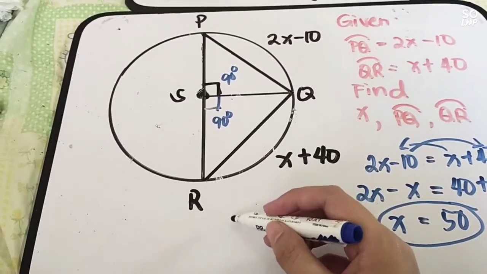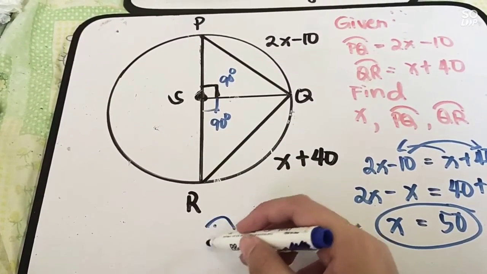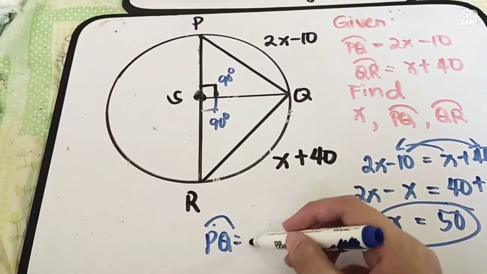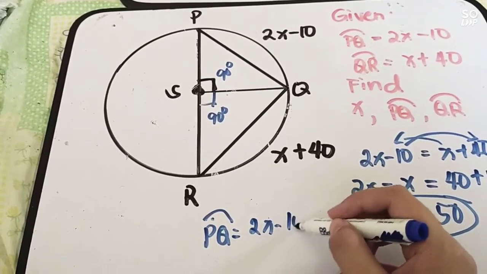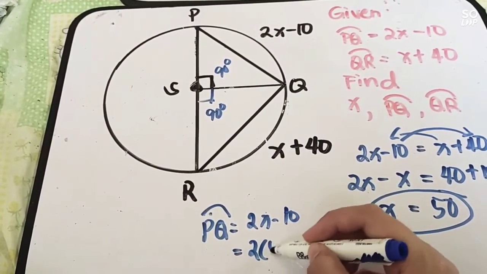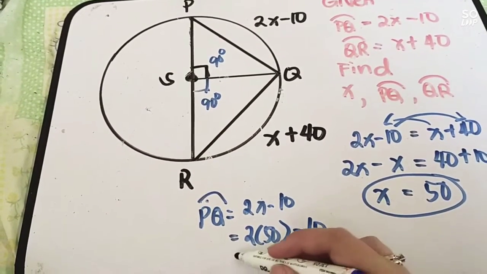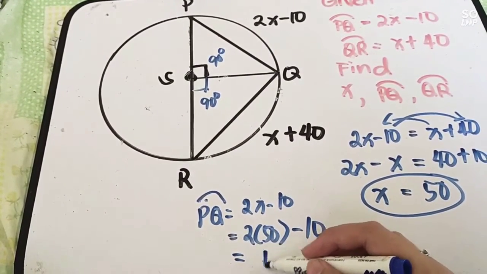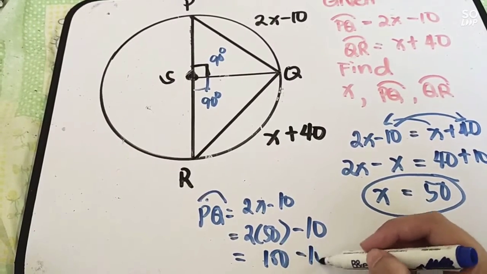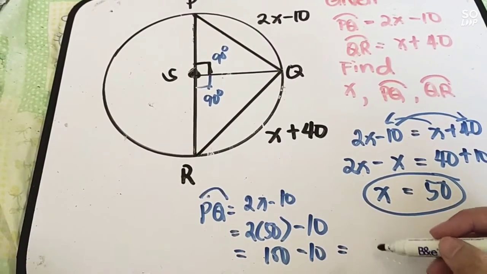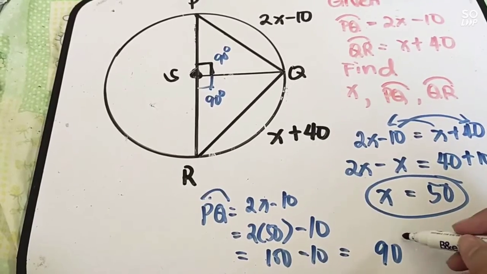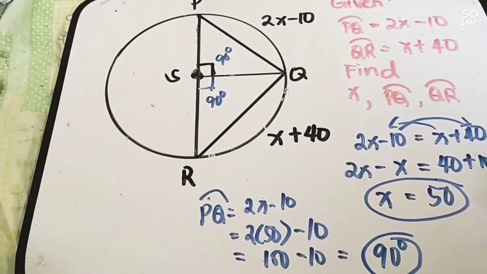We have arc PQ is equal to 2x minus 10. So, we have 2 times 50 minus 10. So, 2 times 50, we have here 100 minus 10. The answer is 90. Okay, 90 degrees. Is it clear?